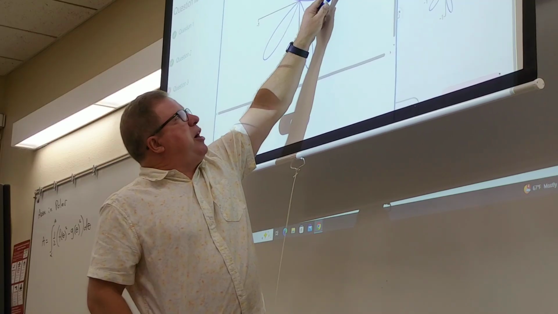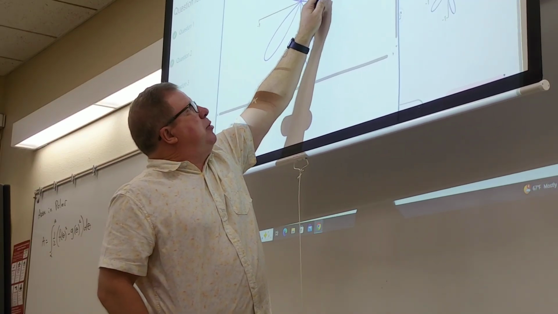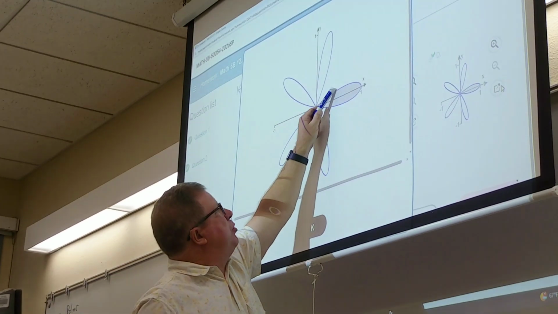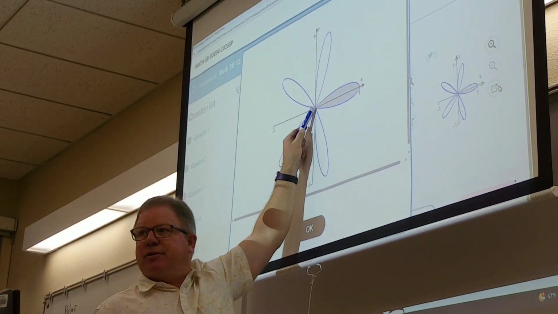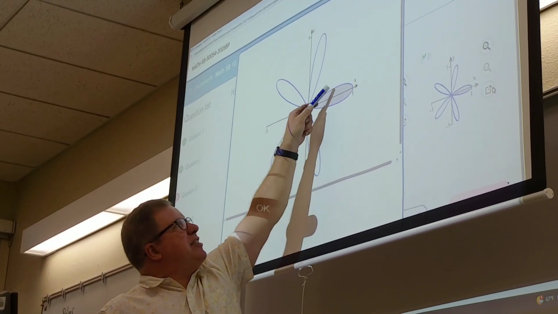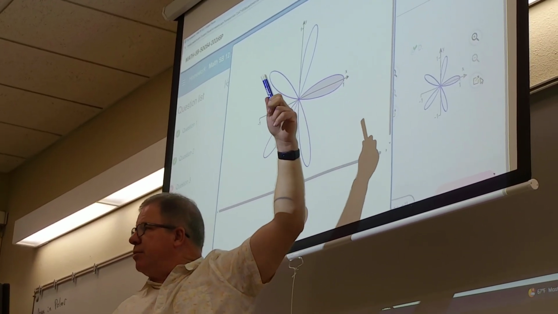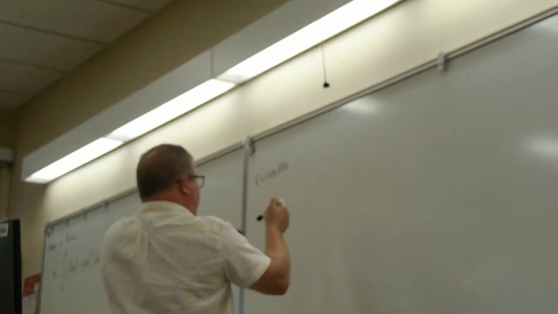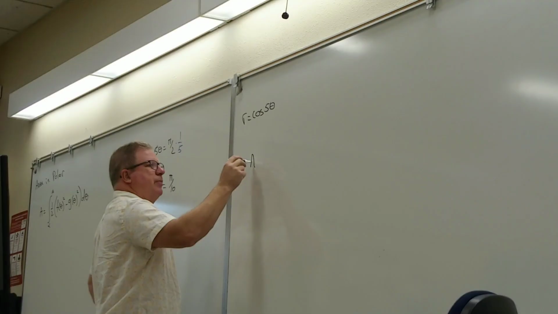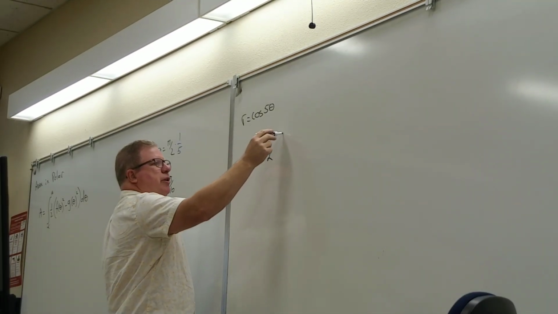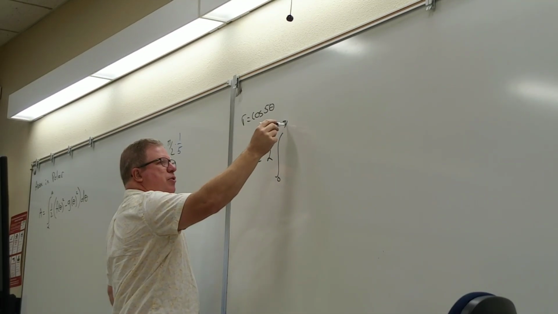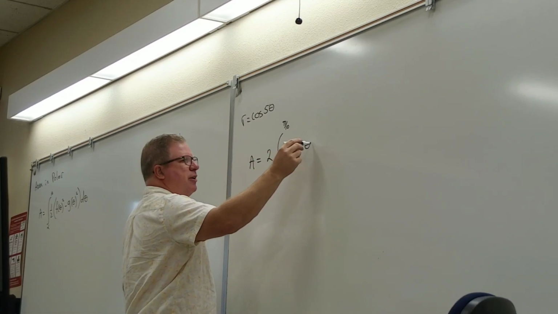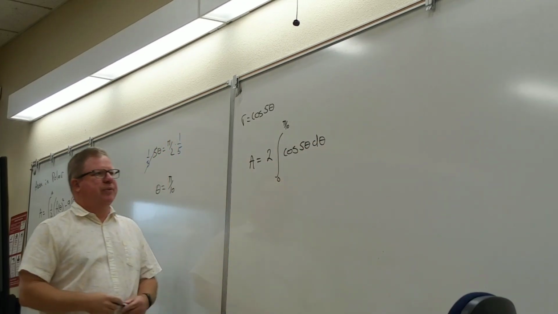So if we go from 0 to pi over 10, that'll calculate to pi over 2 inside the function. So 0 to pi over 10 will give us the top half, won't it? To get the bottom half, that's symmetric, we just multiply by 2. So here's our area integral. We're going to do 2 times the integral from 0 to pi over 10 of cosine 5 theta d theta.